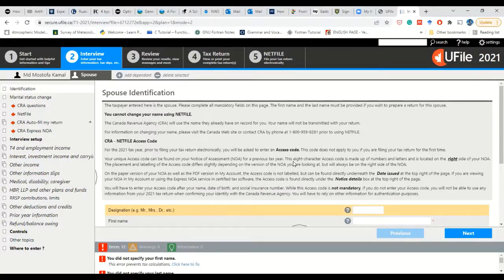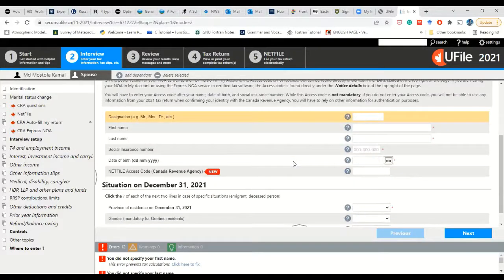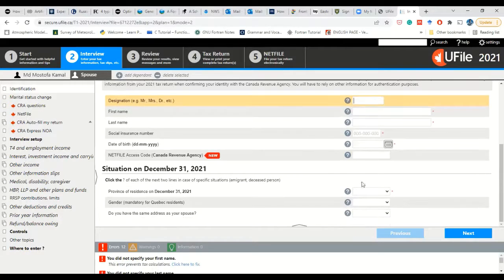Let's say your spouse was just a housewife and does not have any income. In that case, you do not need to create a T4 or T4A form. You file only the first pages, the personal information about your wife.